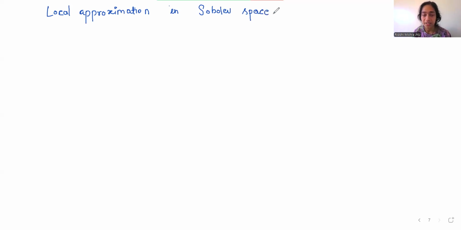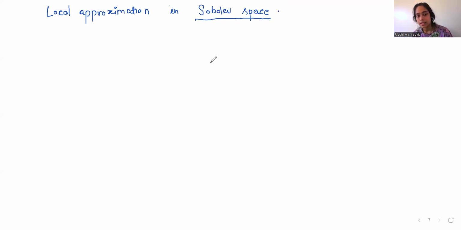Okay, so now the next topic is local approximation in Sobolev space. When I introduced the Sobolev space definition, I forgot to mention that the Sobolev space is actually a Banach space.